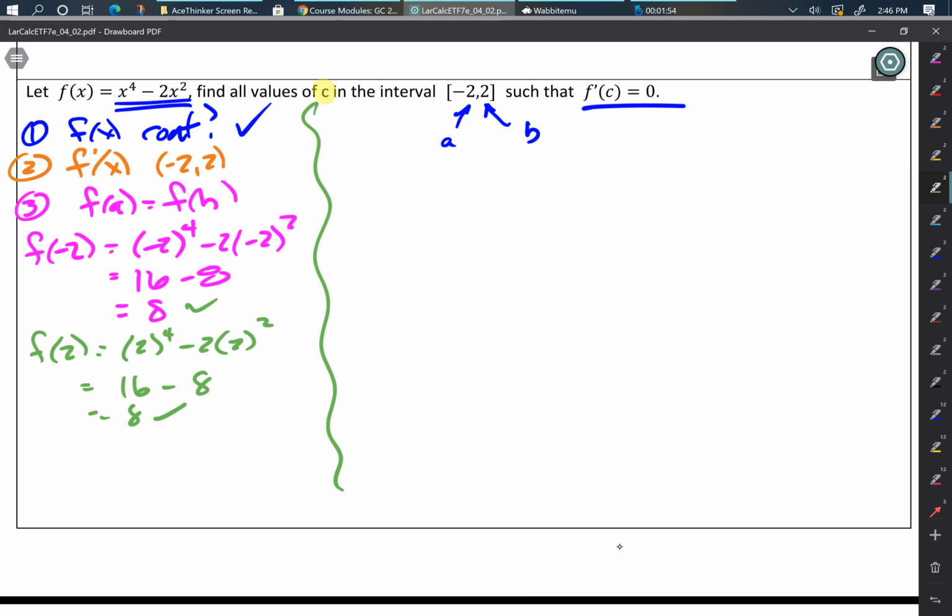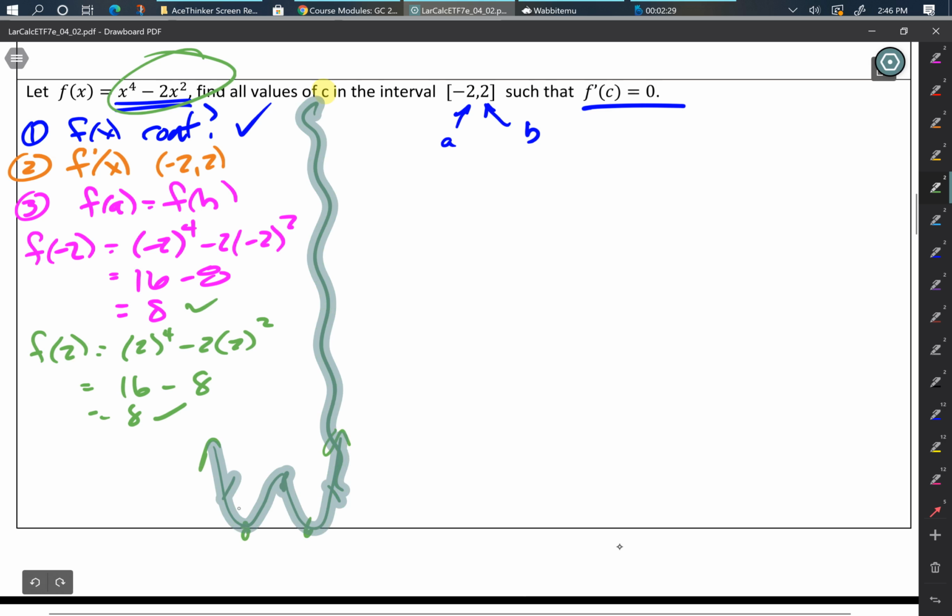Now, given that this is a fourth degree polynomial, and I remember from college algebra that those things wiggle a bunch, there could be many c's. There could be like 3 c's, depending on how this is set up. Since this has a positive leading coefficient, don't fourth degrees do something like this sometimes? So if our interval was set up properly, we could find 3 values of c that all work.